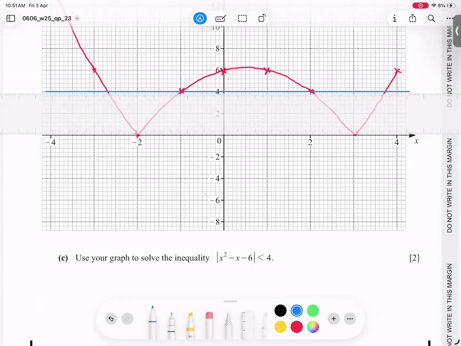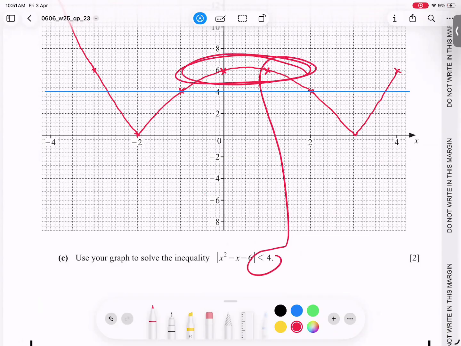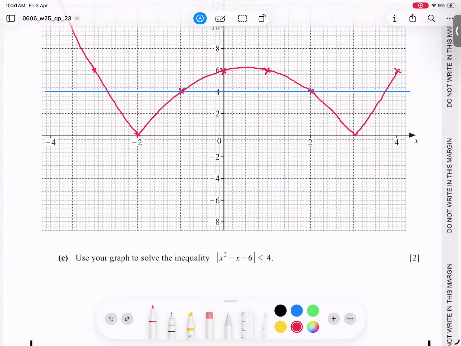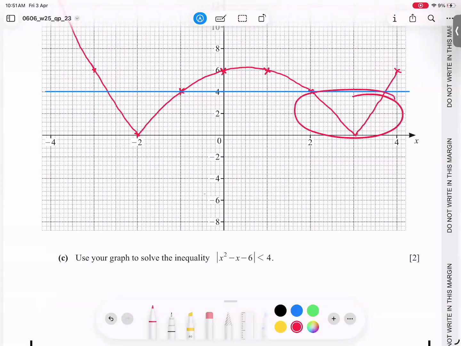So this line I have drawn. Now he's saying, what are the x values? What are the values which are lesser? For your information, this is more than 4, but he's talking about less than 4. This is more than 4, this is more than 4. So less than 4 is this portion and this portion. So what is this value? Check it. What is coming down here?